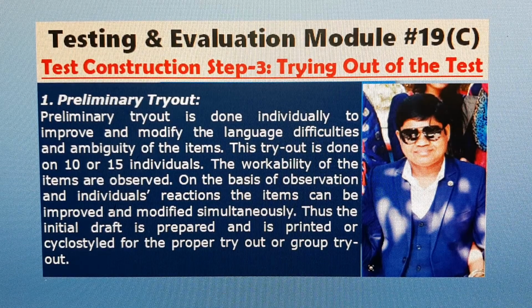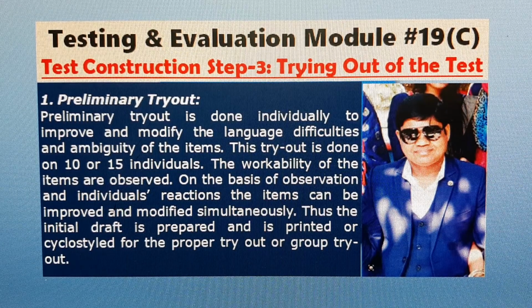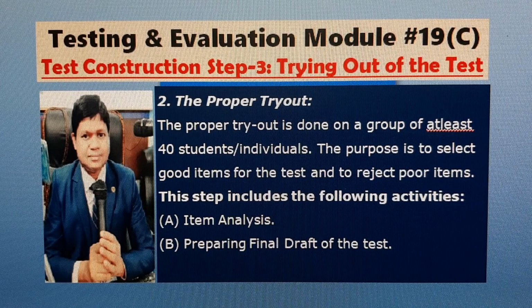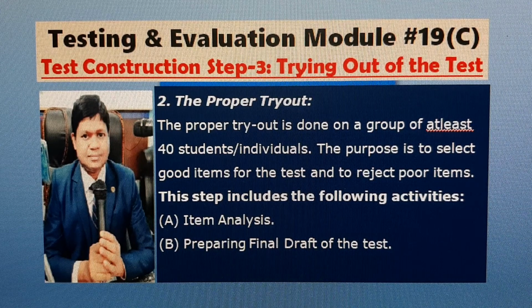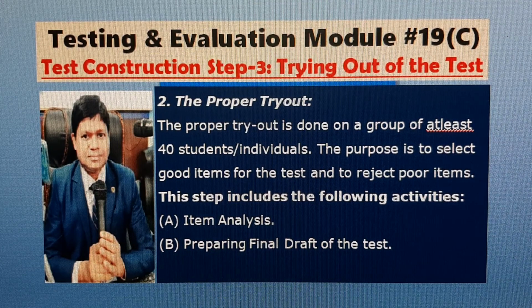Thus, the initial draft is prepared and is printed or cyclostyled for the prepared tryout or group tryout. Stage 2, the prepared tryout. The prepared tryout is done on a group of at least 40 students or individuals. The purpose is to select good items for the test and to reject poor items.